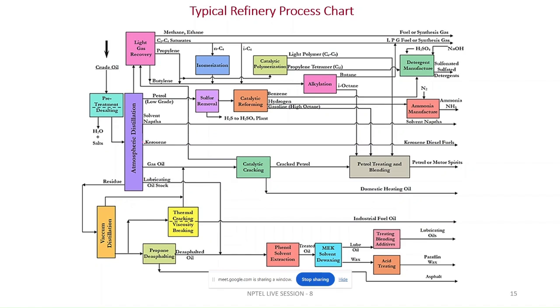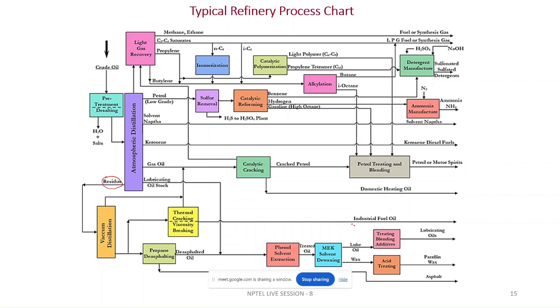Now at the end, at the bottom of the atmospheric distillation column, you are getting the lubricating oil stock that you are blending with de-asphalted oil. We'll be discussing that later. So at the bottom we will be getting a heavy residue. This residue is further taken to the vacuum distillation unit where the vacuum, or very low pressure, is maintained, and there you will be getting the product which goes for thermal cracking or viscosity breaking.